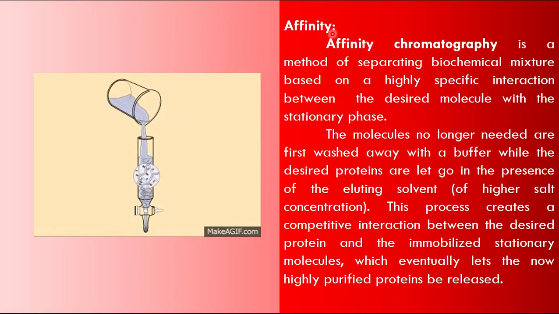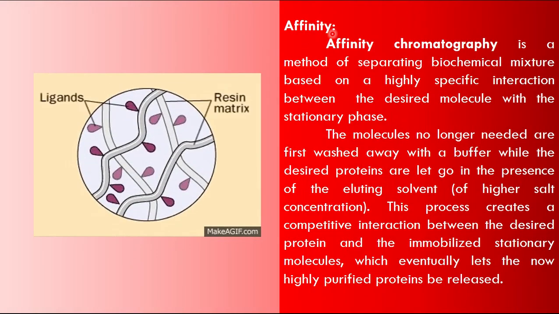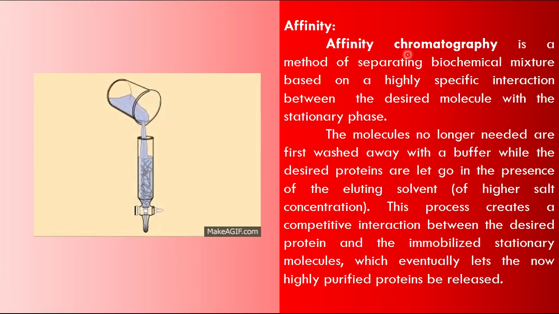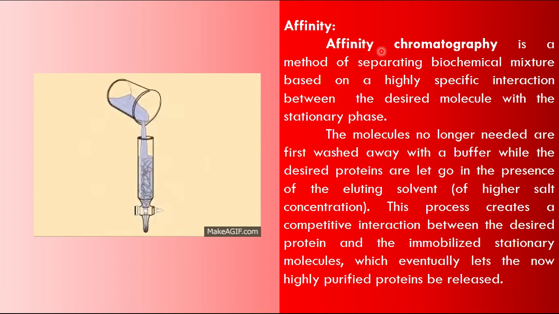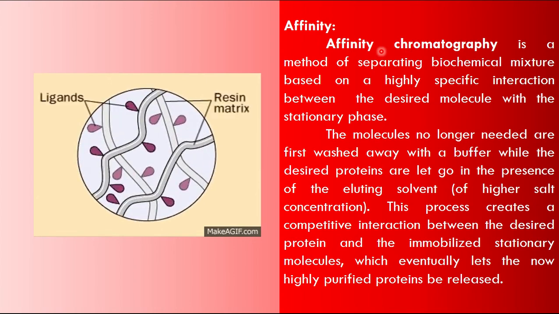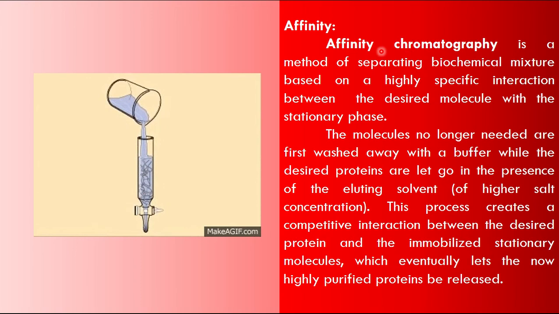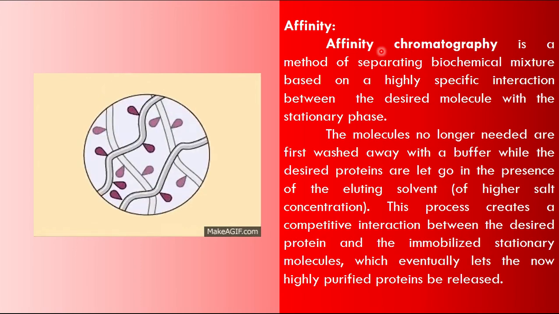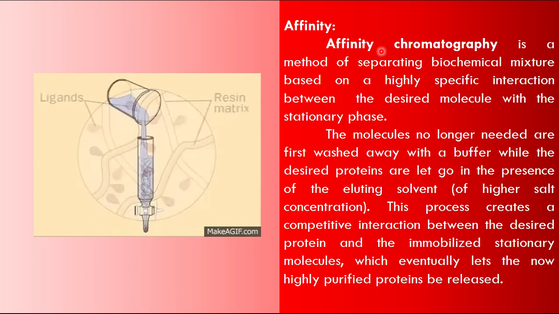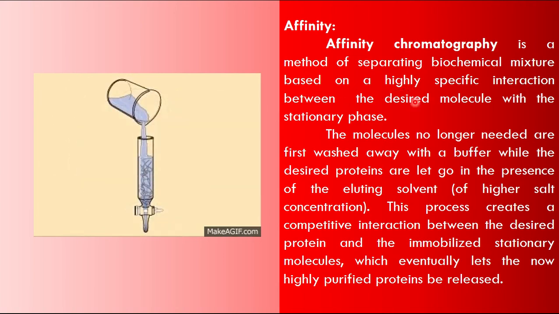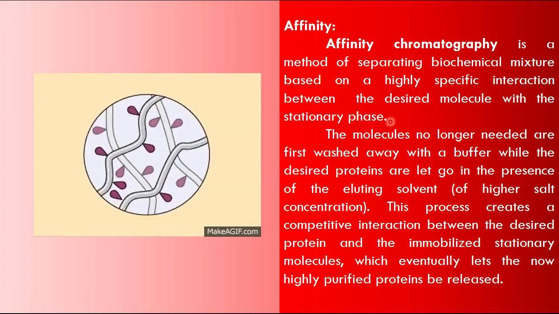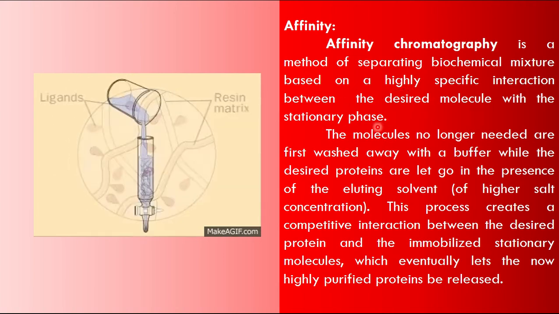Next one is affinity chromatography. In case of affinity chromatography, the separation of particles is based on exclusive attraction of the particles. So this attraction takes place in a specific manner. So here the separation is based on highly specific interaction between the desired molecule and the stationary phase.